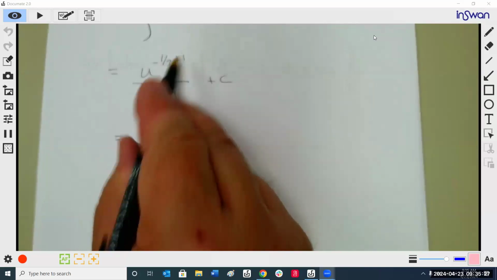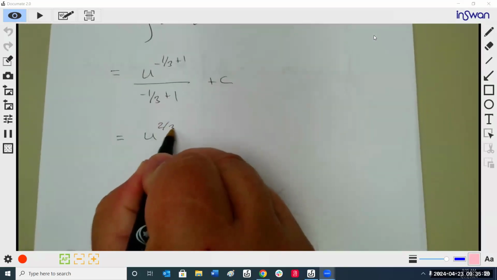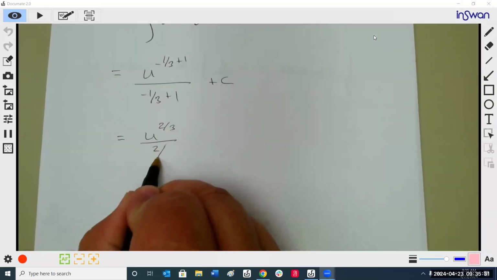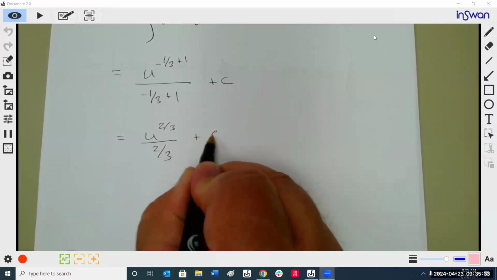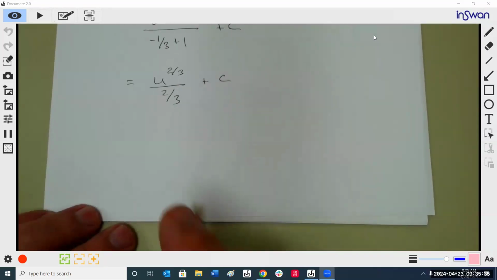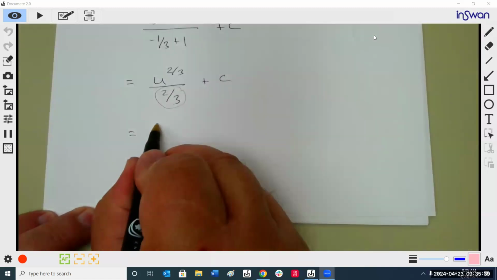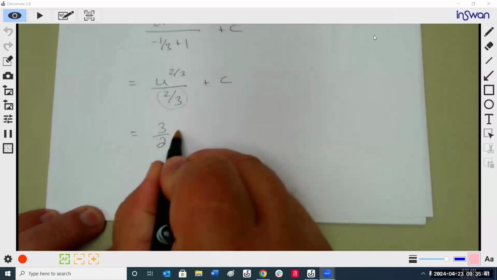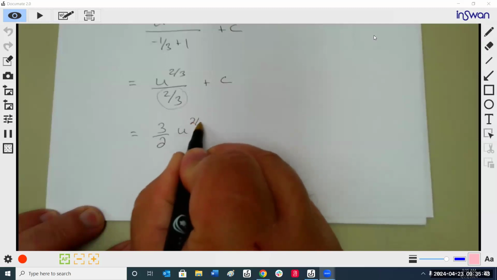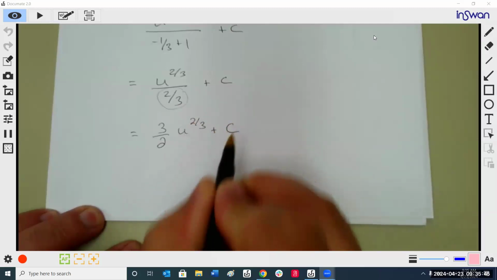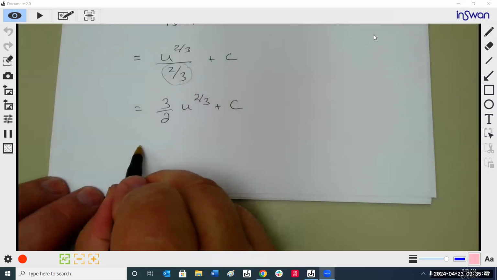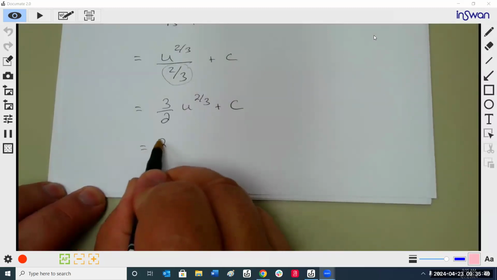So that's 3/3, so it's 2/3 over 2/3. Reciprocate the bottom. And then substitute it back in there.